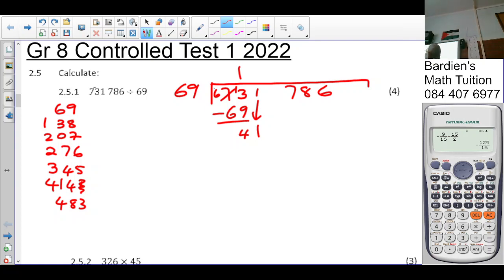No. So what do I write on top? 0. Here you must get a 0. You go and get a dot here. Okay? The reason why it goes a dot here is because it has no place value. But that 0 has a place value. Okay? When you put a 0 there, 0 times 69 is 0. You put 0 here. Subtract, I get 41. Bring down the 0.